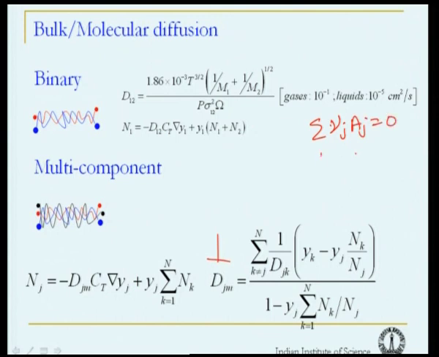Then we know from our earlier discussion that the fluxes of two species Nj and Ni must be related by their stoichiometric coefficients. Okay. So, we can further simplify this diffusion coefficient.